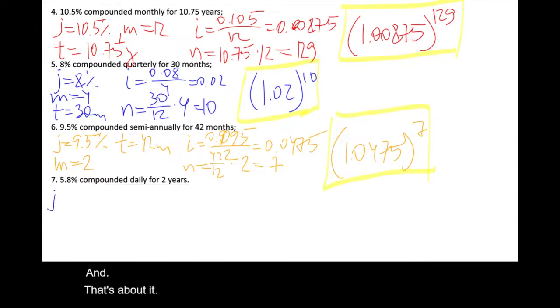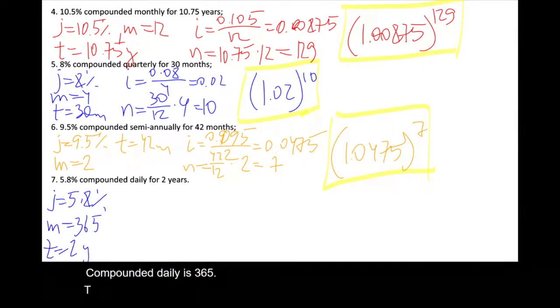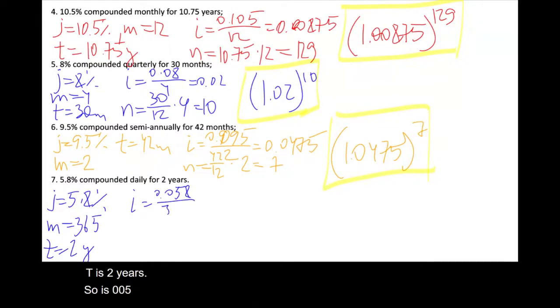J is 5.8%, compounded daily, so M is 365. T is 2 years. So i is 0.058 over 365, which is 0.00158904.